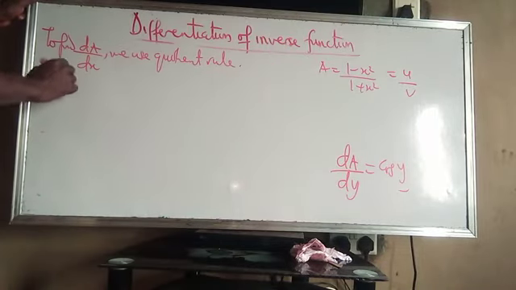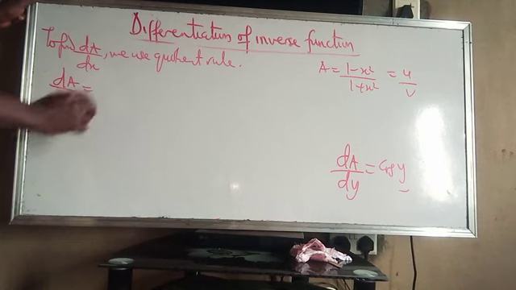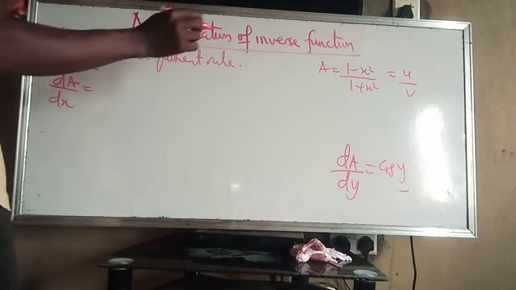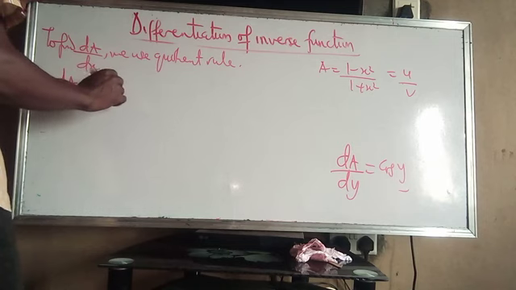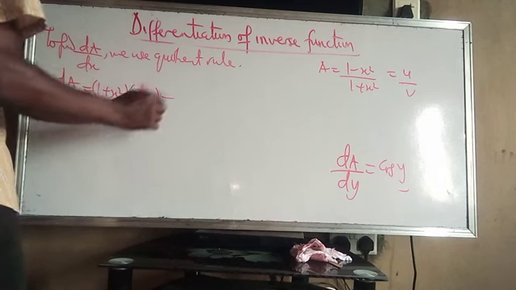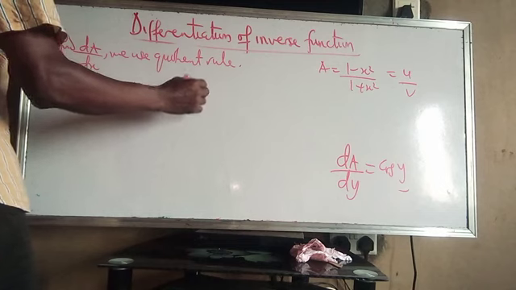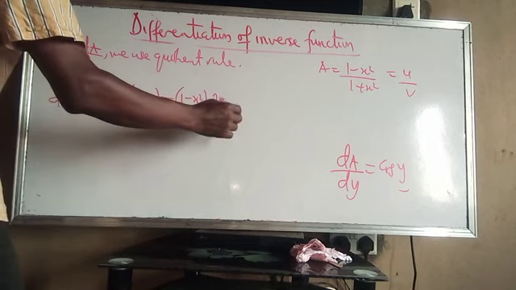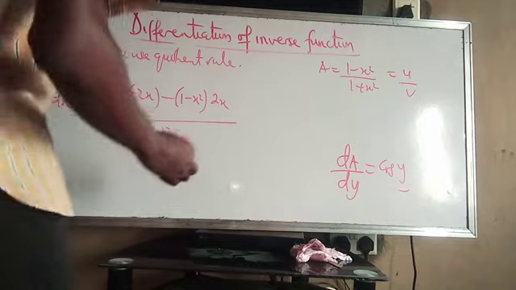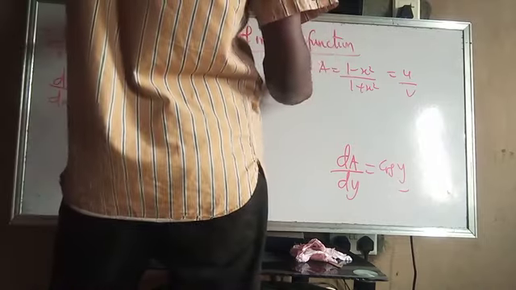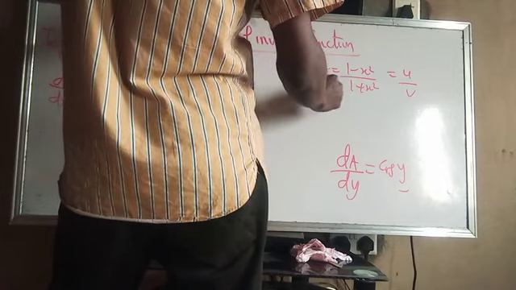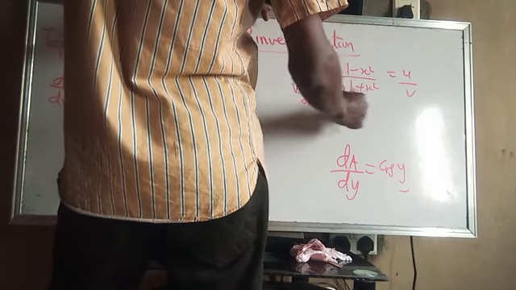So dA/dx will be, remember very well, v du/dx minus u dv/dx all over v squared.